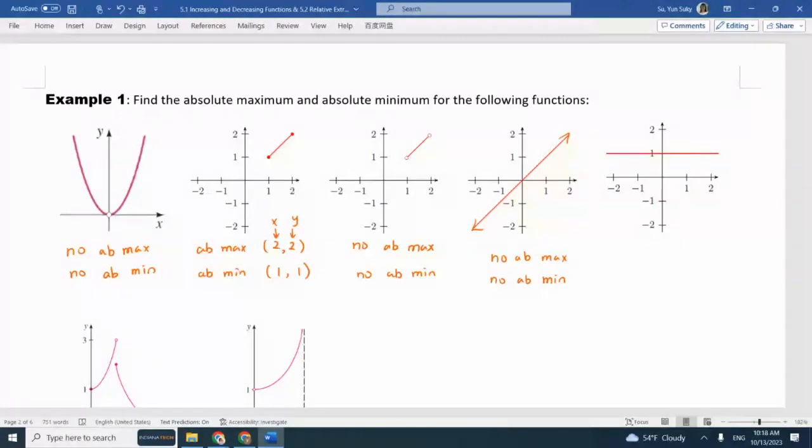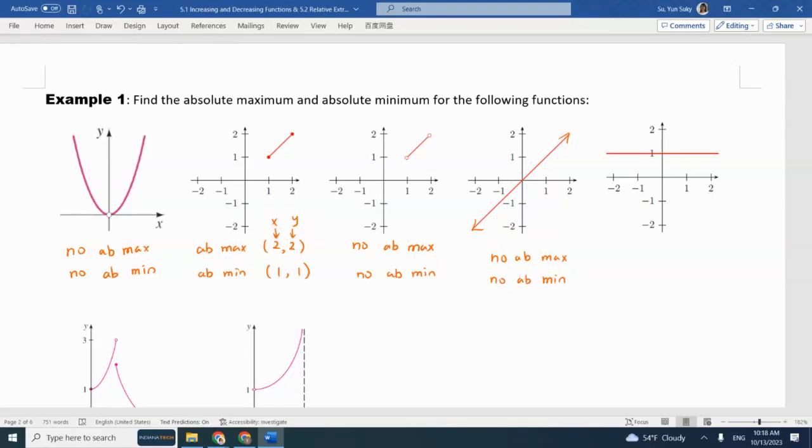Mackenzie, the fifth picture. Do we have an absolute maximum? Actually, every point is an absolute maximum and an absolute minimum, because every point is greater than or equal to, or less than or equal to, the other points. You can let x vary.